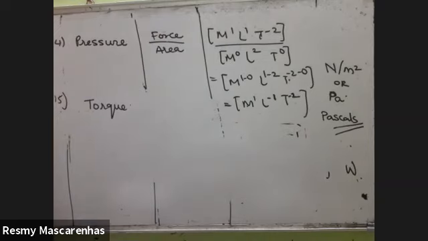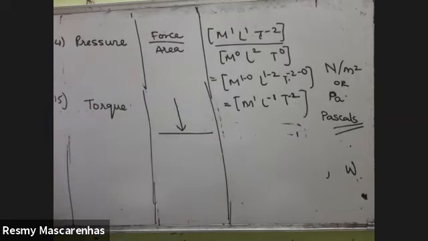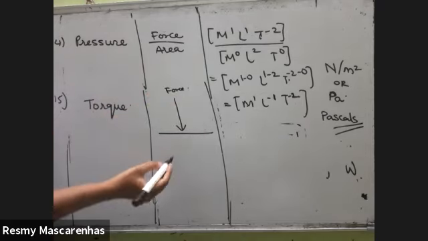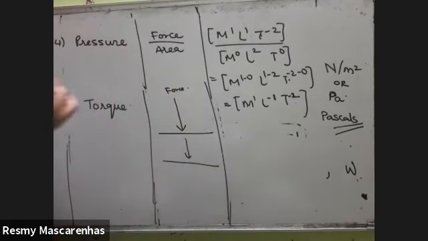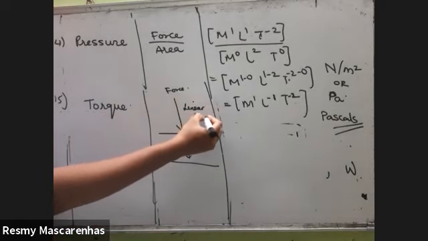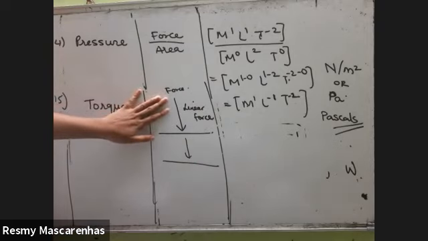If you have a piece of any paper or anything, if you are putting a straight force on it, what is going to happen? This fellow will move ahead. So this is called as a linear force. Same like how you are pushing your table. You will be putting a straight force and the table will move forward. So that is a linear force, normal force which we have been studying.